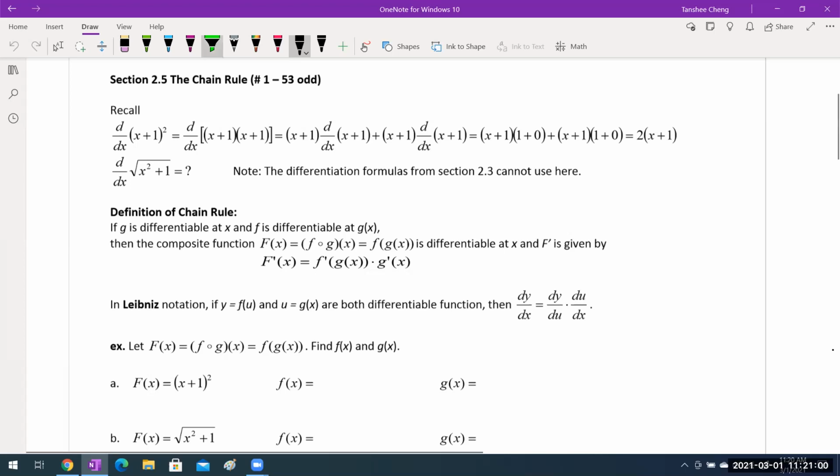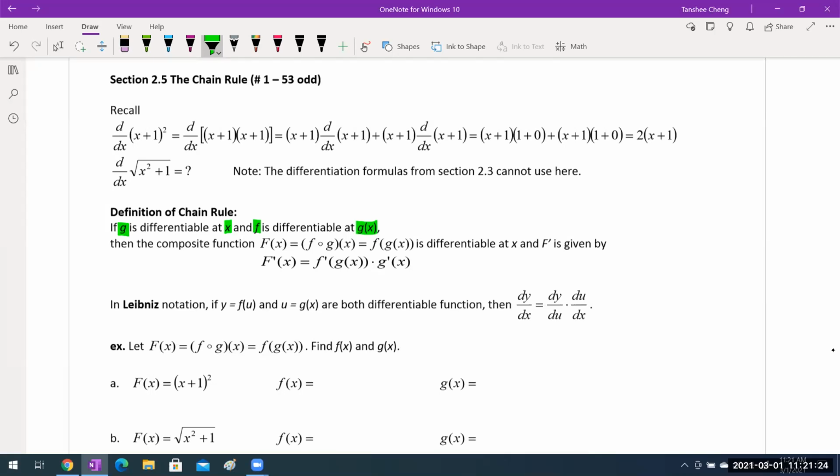The chain rule basically says that first you need to be differentiable. The function g has to be differentiable at x, and then function f has to be differentiable at g of x, which is the base of the composition function.